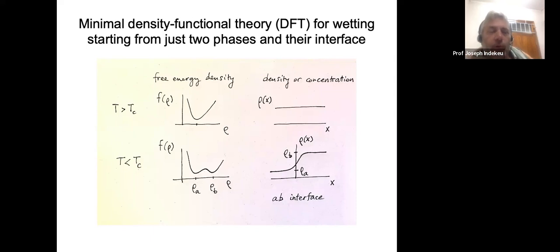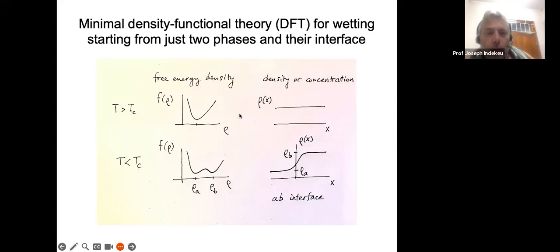a single homogeneous phase. And so we could describe the single homogeneous phase using some free energy density, that is a free energy per unit volume. And if we plot it as a function of the density in the system, or the concentration in the system, we would locate the equilibrium concentration or density at the minimum of this free energy.